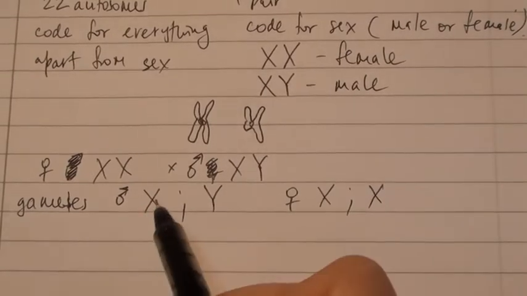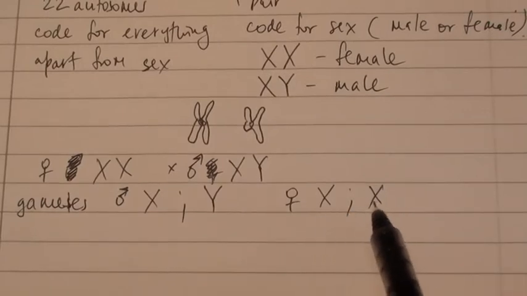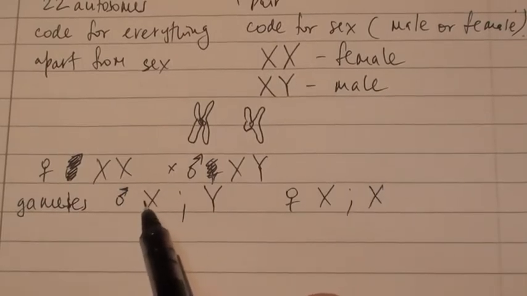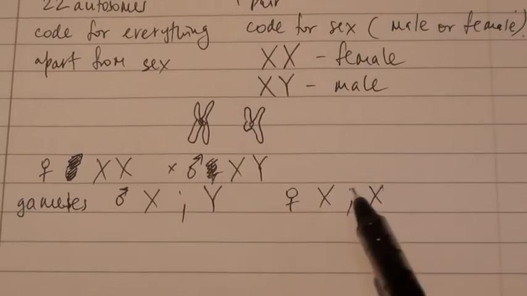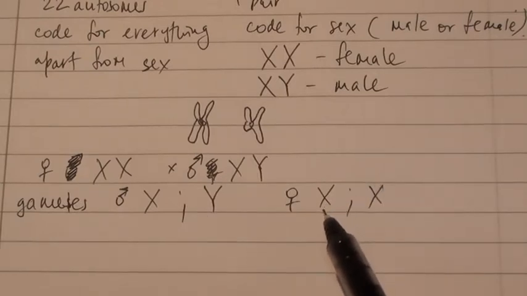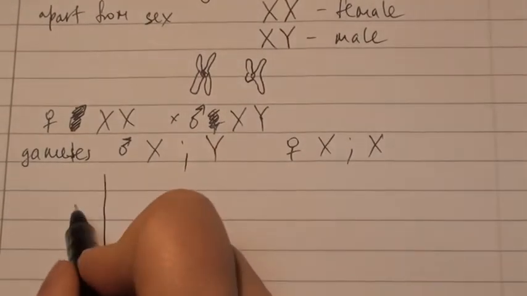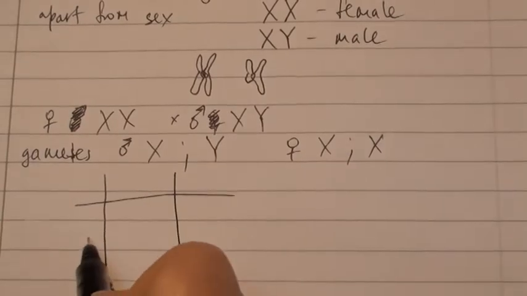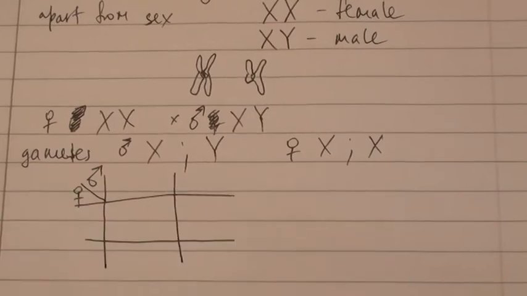So these are my two male gametes. These are my two female gametes. That means that in a male, when producing sperm, roughly half of the sperm is going to contain an X chromosome, the other half is going to contain a Y chromosome. And when females produce eggs, all of the eggs contain an X chromosome. So then I'm back to my Punnett square. Again, a simple grid, as if you were playing noughts and crosses.